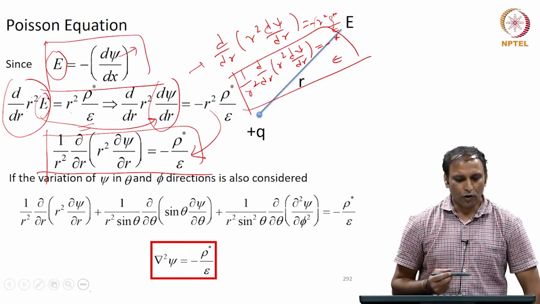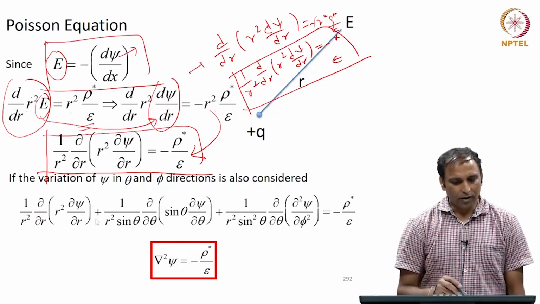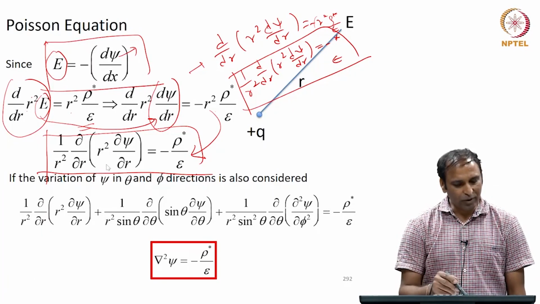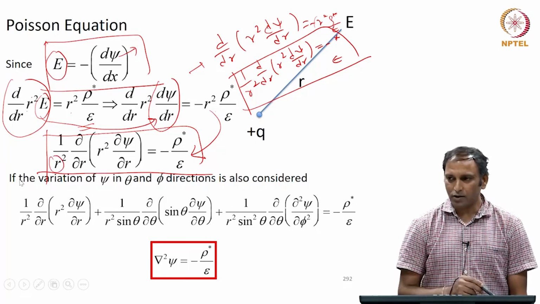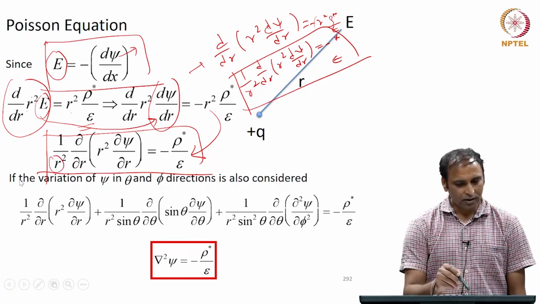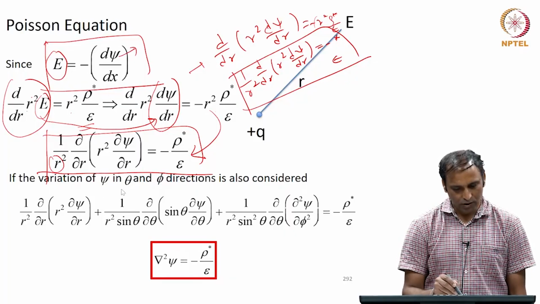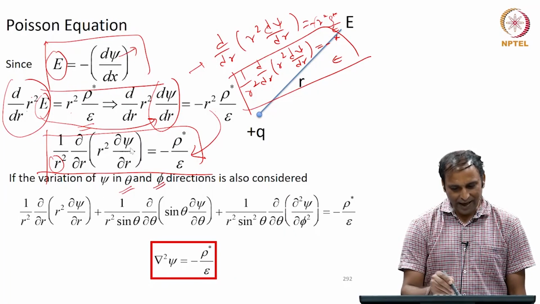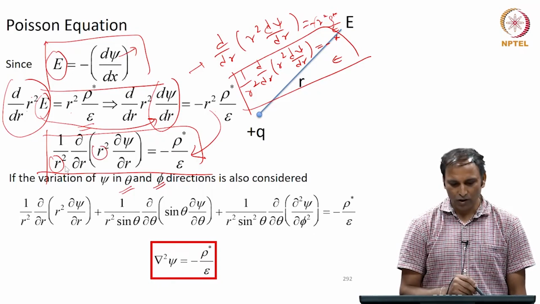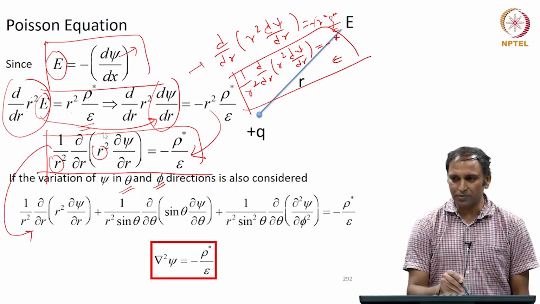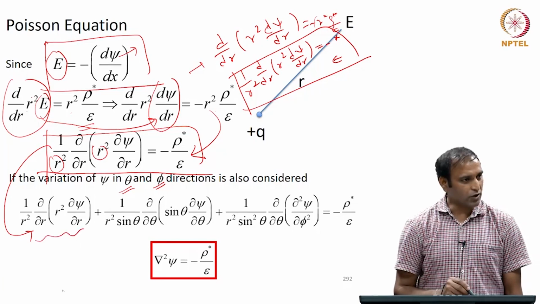Because you could have a case where psi need not vary only with respect to r. You could also have a case where psi, the surface potential, can be a function of theta and phi as well as r. What we derived is the first term in the equation.